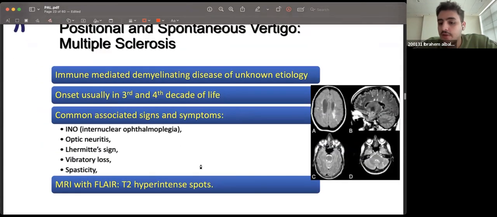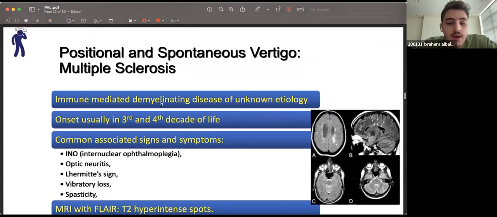Multiple sclerosis is another differential in which you see vertigo. So if you have any damage in the white matter tracts of the vestibulo-ocular reflex, you will have vertigo. Other symptoms are optic neuritis, so visual problems. You will have sensory loss or motor loss through spasticity.